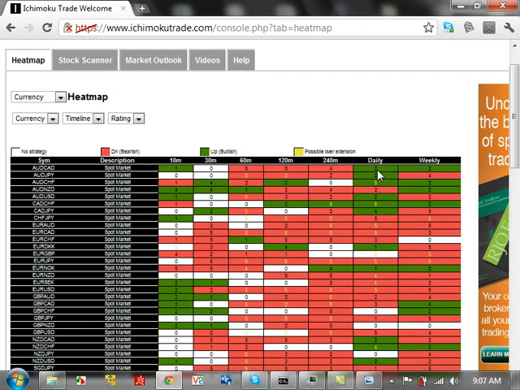So if you're looking today, Australian CAD had a bullish opportunity. This is a yellow green, which is definitely not what I'm looking for. This is a 4 green, but then the weekly's 5, so there's nothing there. So I'm going to keep going down this list, and there's another one here, which if you put your mouse over it, is pound Australian.